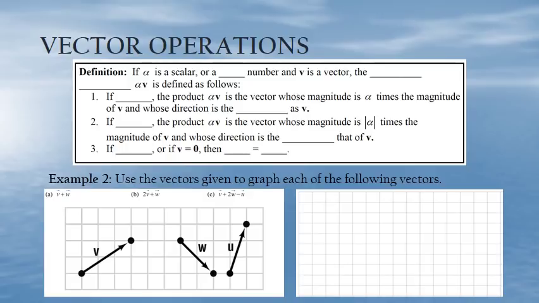And let's see, I'm going to go ahead and recreate vector v, which I know is 3 to the right, 1, 2, 3, and up 2. So there is vector v. And then remember, vector w was 2 to the right and 2 down. But then I need to do that again, 2 to the right and 2 down.